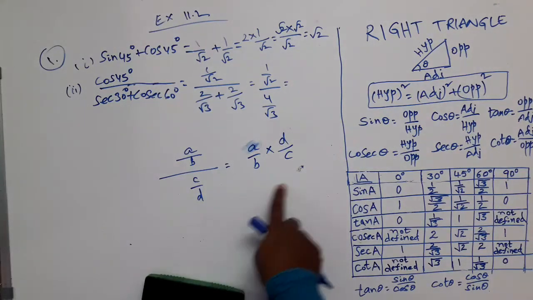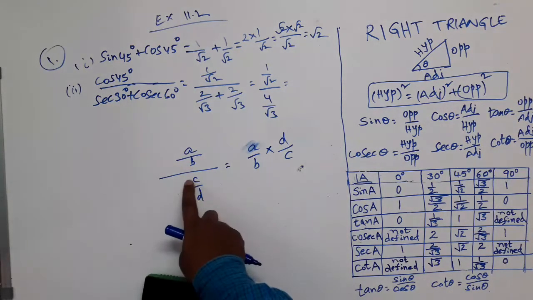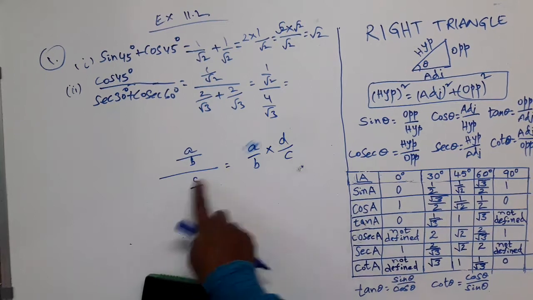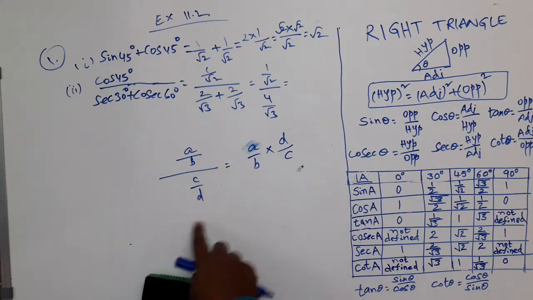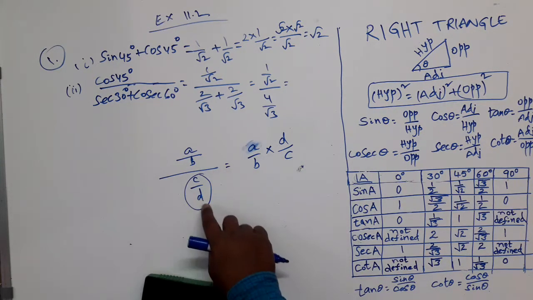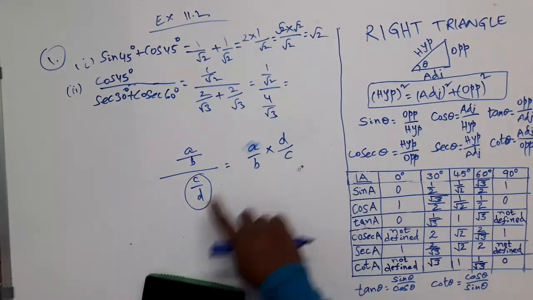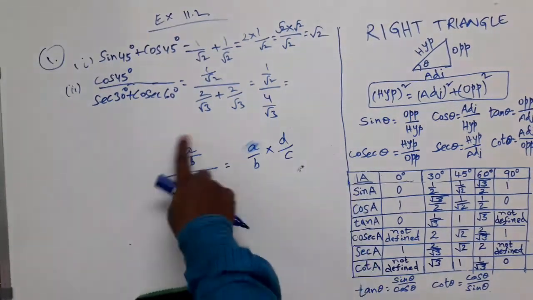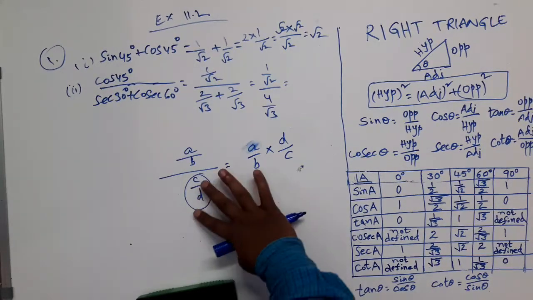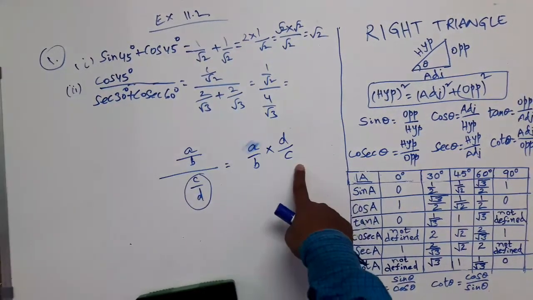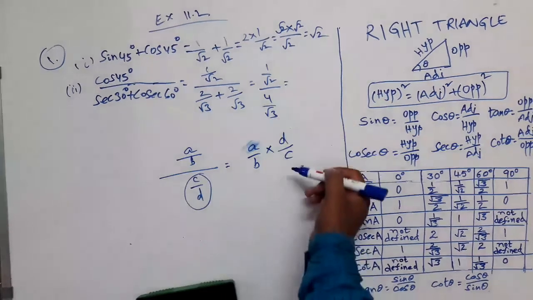Be careful. This numerator will be in the denominator itself, because this whole part is in the denominator. Denominator of the denominator will go to the numerator. Observe that. D will go here. This A by B will be remaining here like this. Reciprocal of this, you are writing D by C. Be careful. So you use this.